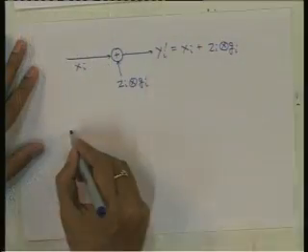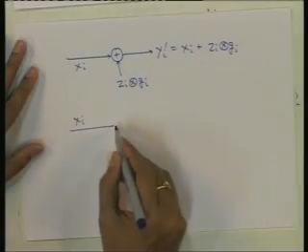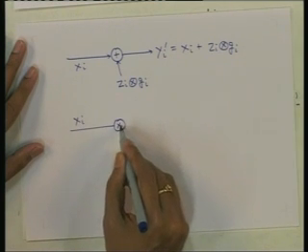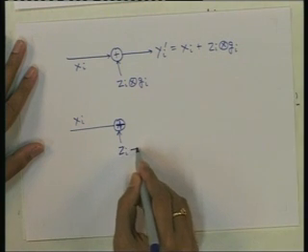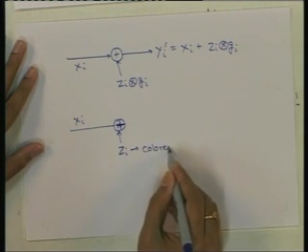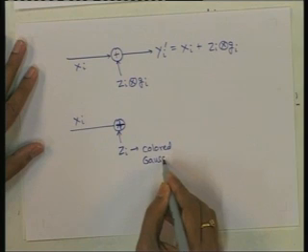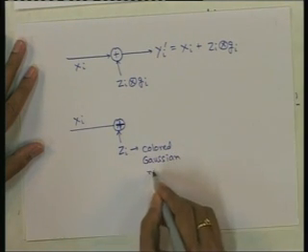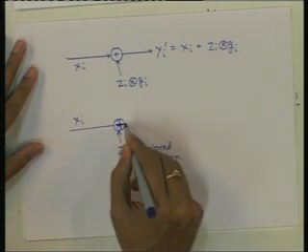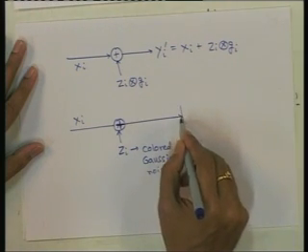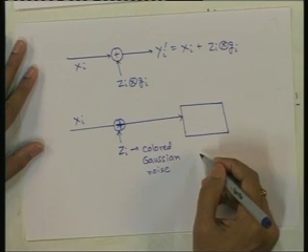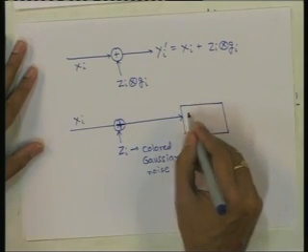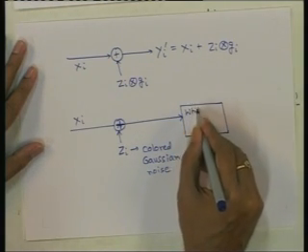So, if we take Xi, and suppose originally we have a colored noise, Zi, colored Gaussian noise, then if we pass it through a whitening filter, how to design this filter we will not discuss now, but it can be designed.